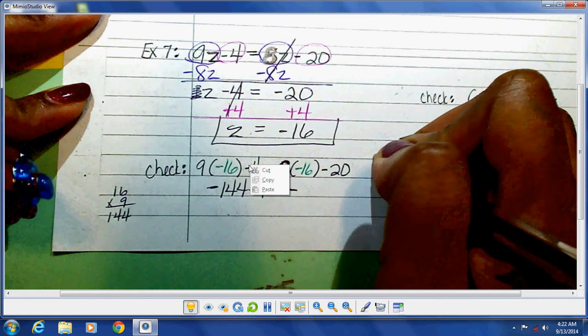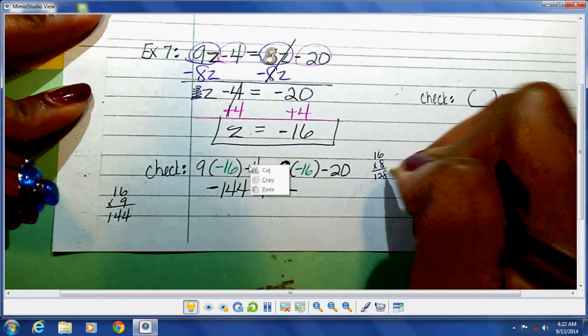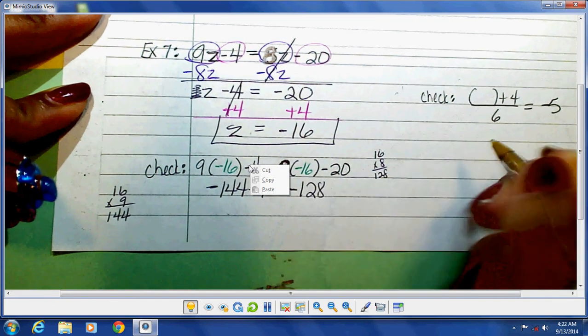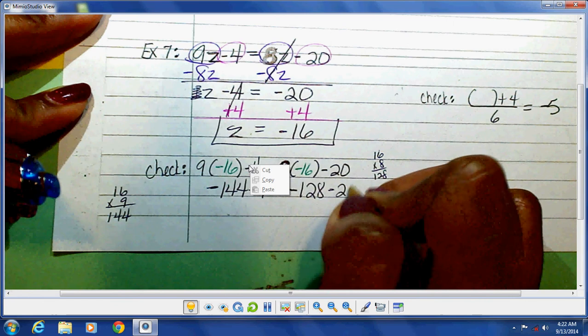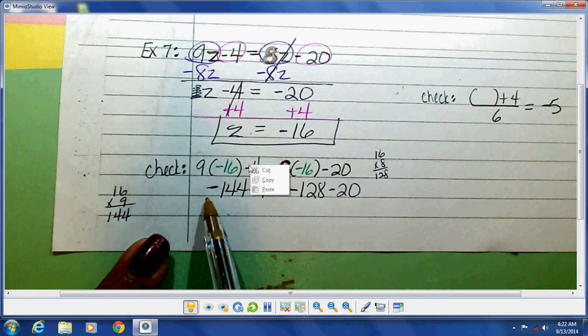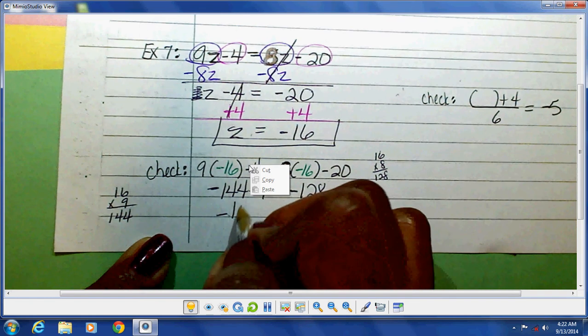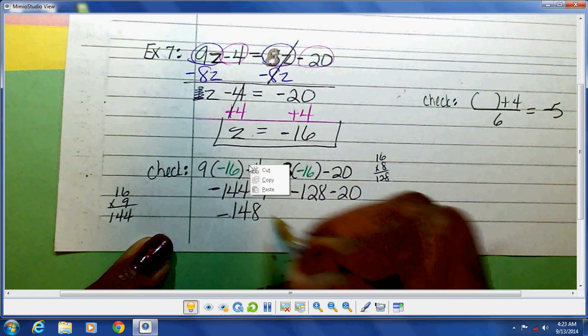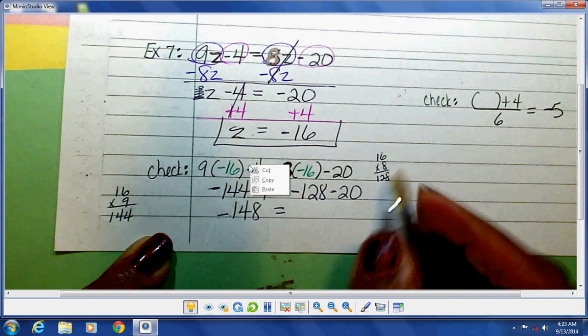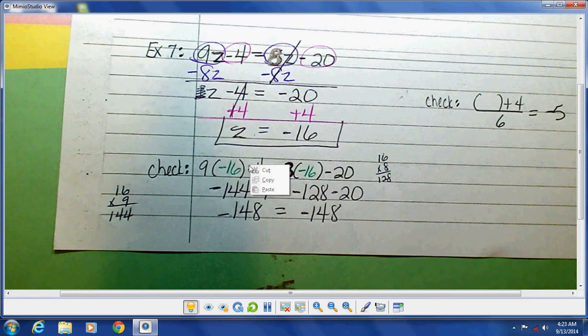Move over to the side and multiply 16 times 8. And bring down your minus 3. Okay, now I need to combine my negative 144 minus 4, and that's going to give me negative 148. And negative 128 minus 20 also gives me negative 148. So, it checks.